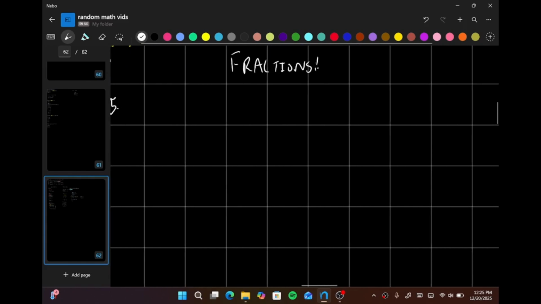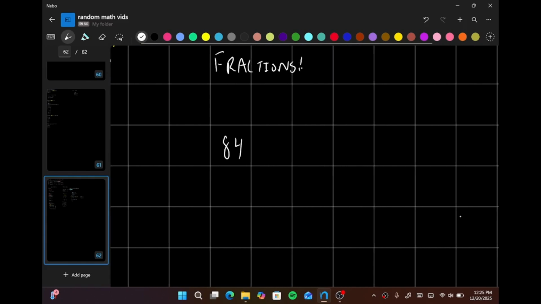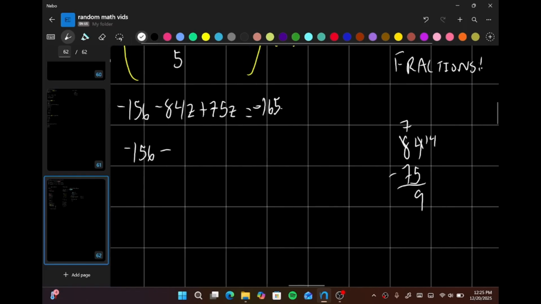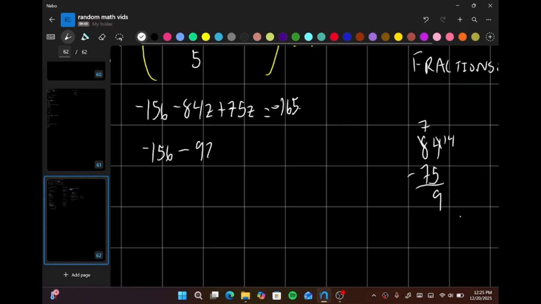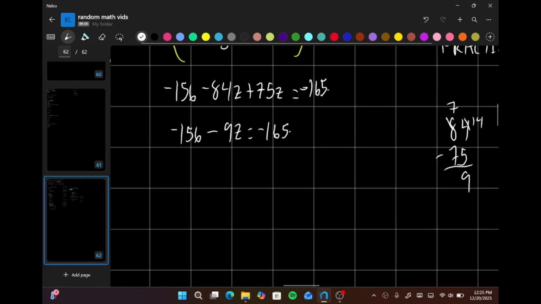Is it negative 9? Yeah, negative 9. So minus 9z is equal to negative 165. Okay. We're going to add 156 to both sides here.